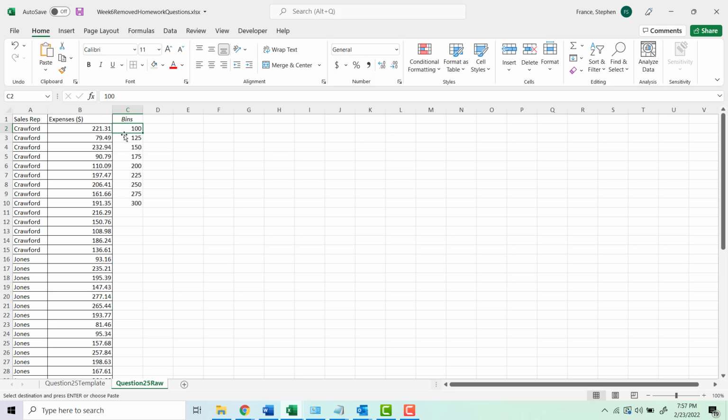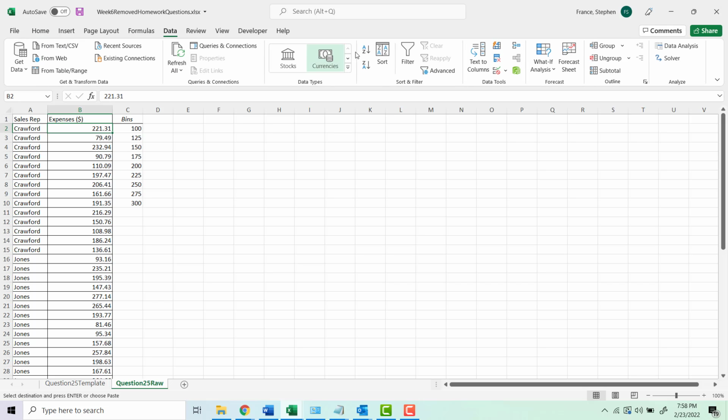Now we have the bins. These are just the upper limits. This is exactly what we did when we did the histograms a couple of weeks ago. Sorry, I think it was the chapter 4 material. So all we have to do now is we have our data in column B, and our bin limits in column C.